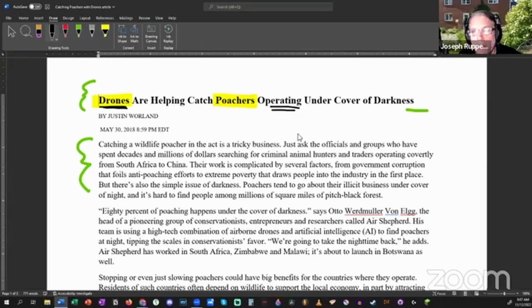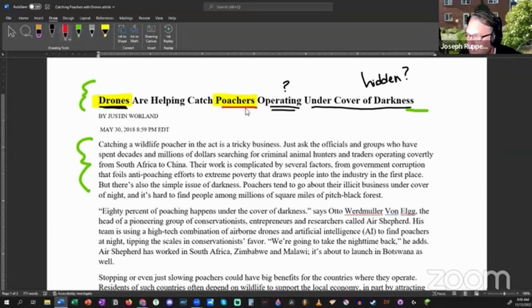Operating here under cover of darkness, I'm not sure. Maybe it means hidden, something like that. Something's being hidden, maybe. But let's look at poachers.